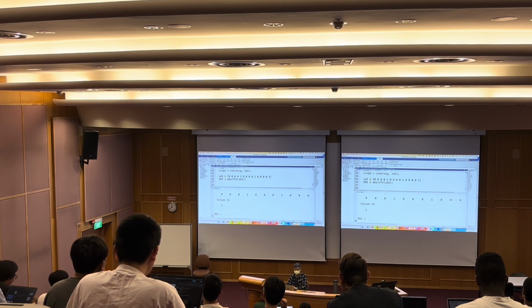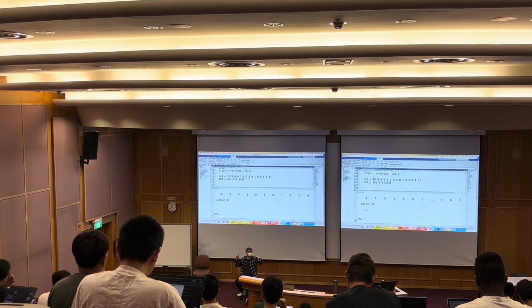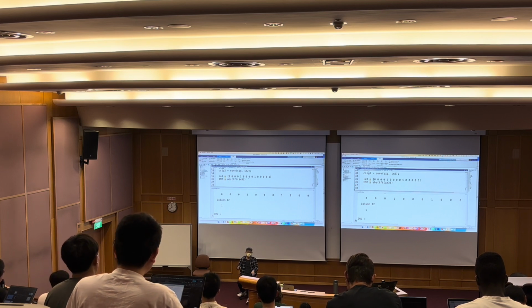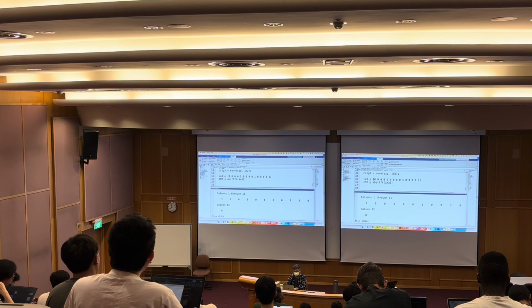This is sampling in the time domain. Add a zero and then an impulse. Is it faster or slower? Slower, right? If it is slower, then look at the frequency domain. What happened?